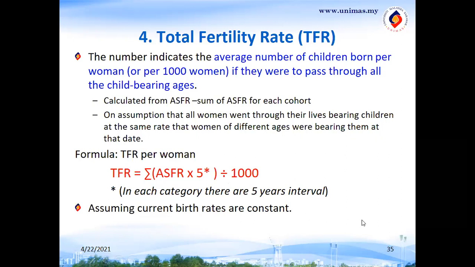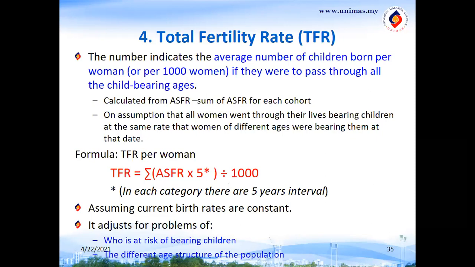And assuming that the current birth rates are constant. One assumption is that the current birth rates are constant, tak berubah. And it also adjusts for problems of who is at risk of bearing children. Some kind of adjustment is made bagi kumpulan yang masih boleh melahirkan anak, and also the different age structure of the population.